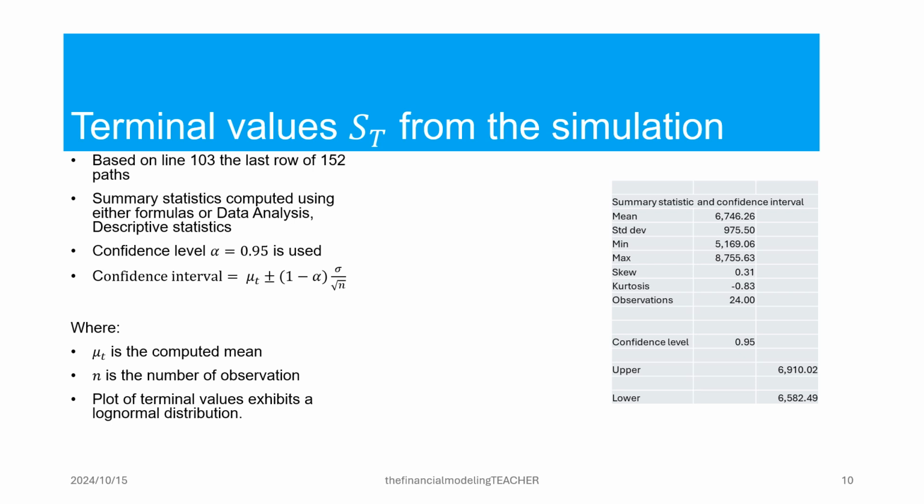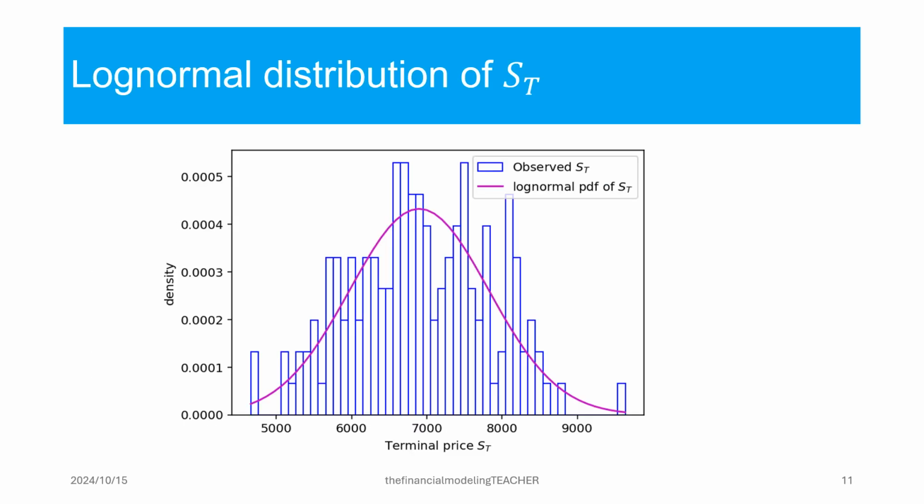So this now leads us to demonstrate that these 103 terminal values could be plotted as a log normal distribution. As we can see, supposing this is a terminal price after the 100th day of our simulation, we see from this distribution plot that the minimum is slightly below 5,000, whereas the positive side goes up beyond 9,000, and immediately you can see there's a positive skew as against negative.